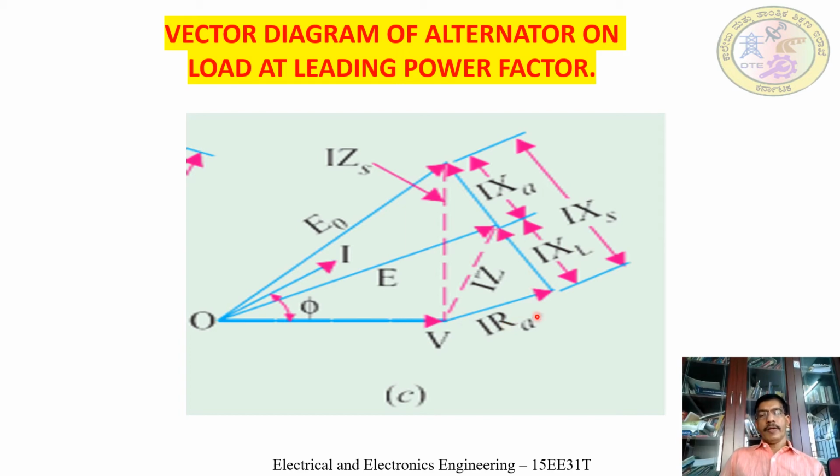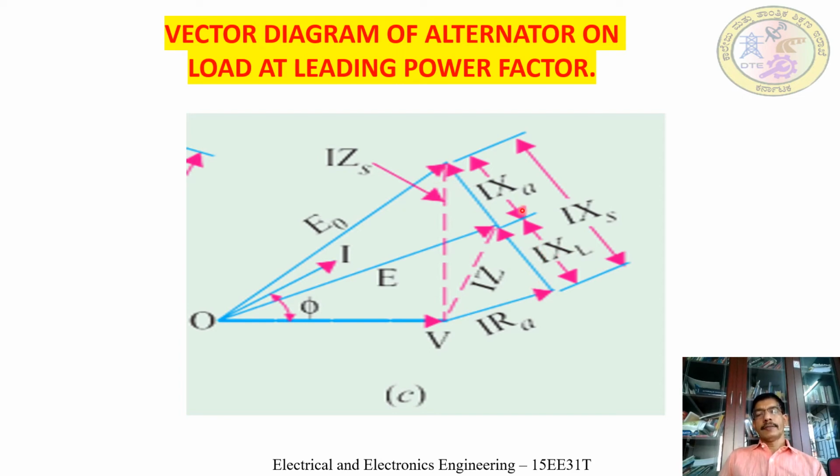Next, vector sum of IRA and IXL gives the IZ from this impedance triangle. If we add armature reaction drop IXA, once again 90 degrees ahead of current I next to the IXL, then this IZS gives the vector sum of IRA, IXL and IXA in this impedance triangle.